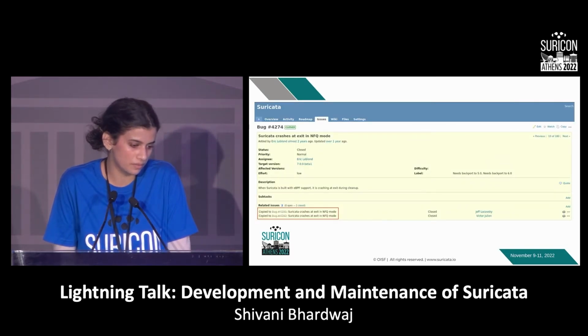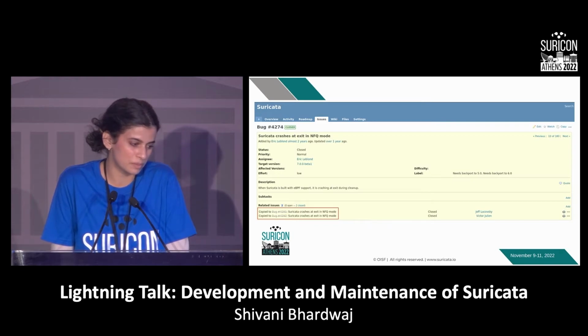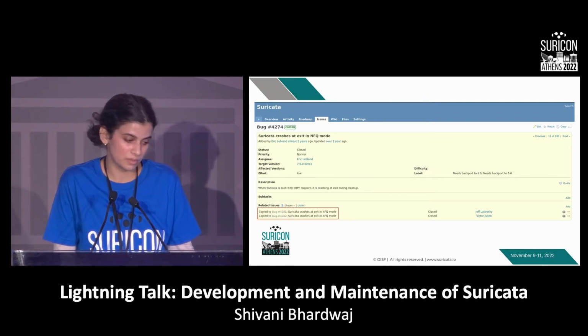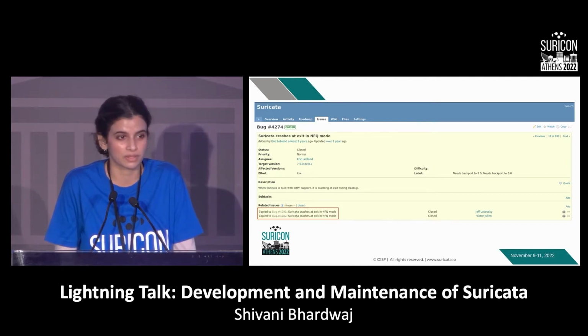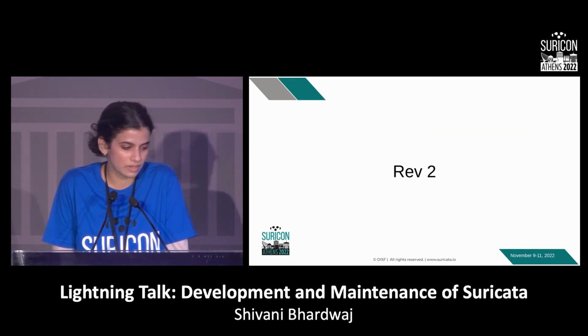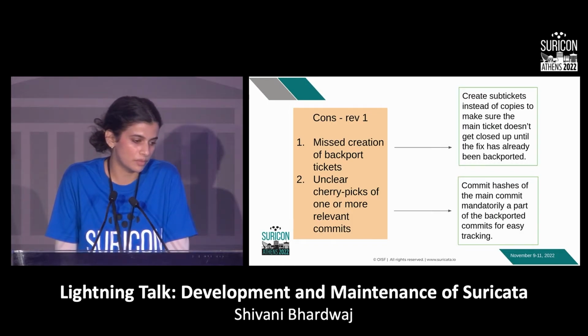This is one of the examples where we would just copy the tickets and assign to different people. If you see, this bug is assigned to a different person. The 5 ticket is assigned to a different person, and the 6 is to a different person, and that's how it got lost. So we improvised on this by fixing the cons from the first revision.